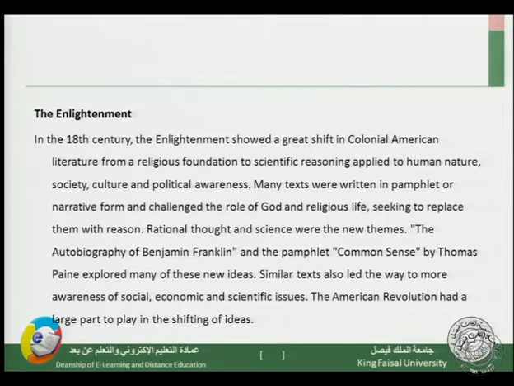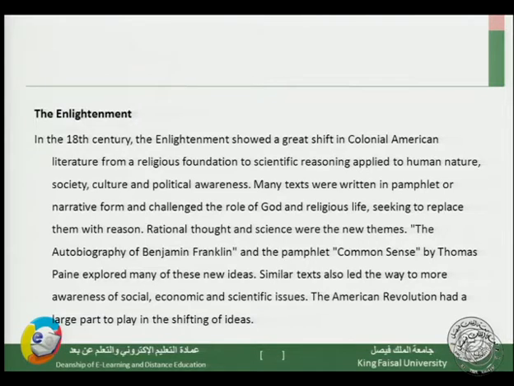Many texts written during this period of time, the 18th century, showing or reflecting the writing of the Enlightenment movement, were written in pamphlet or narrative form, and challenged the role of God and religious life.